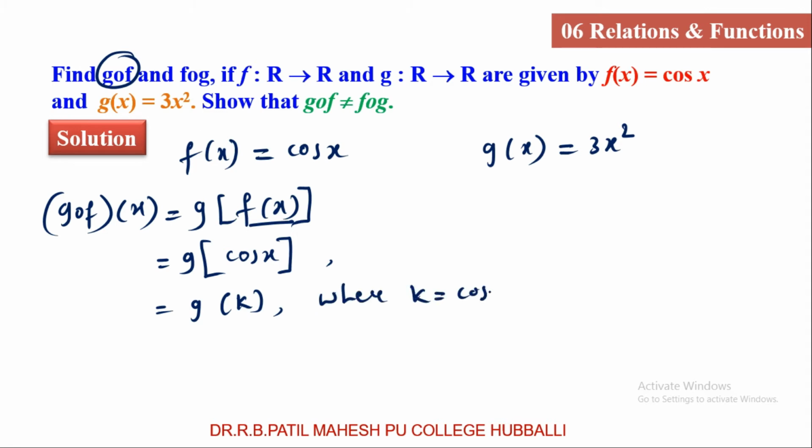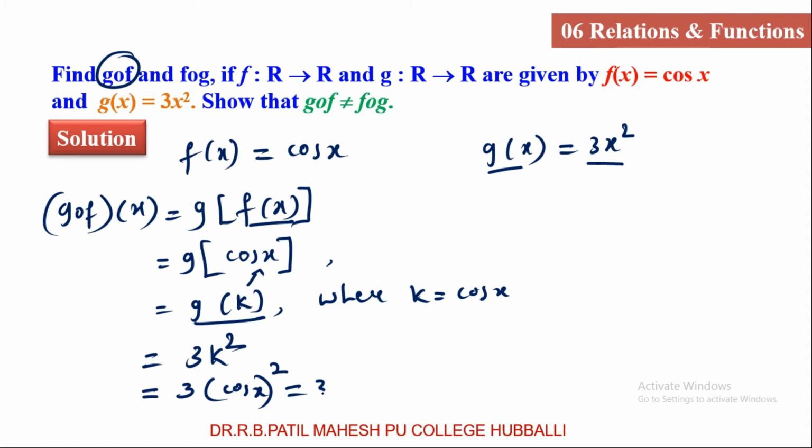Next the term is G of k. When G of x is 3x squared, then G of k will be 3k squared. So this will be equal to 3 into, I am replacing k value, that is cos x, the whole squared.